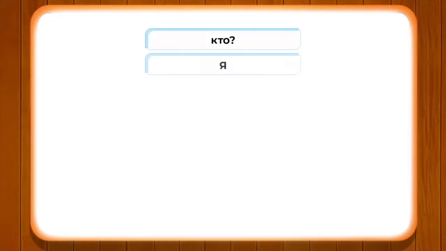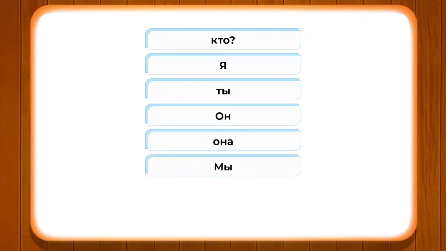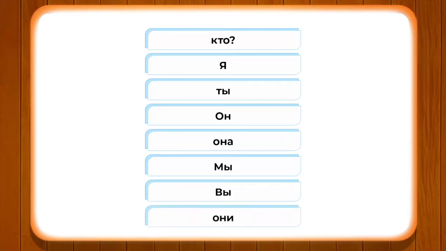In personal pronouns, in the nominative, we have ya, ty, on, ana, my, vui and ani. The question is kto. Ya means I, ty means you, singular, on means he, ana means she, my means we, vui means you, plural, and ani means they.